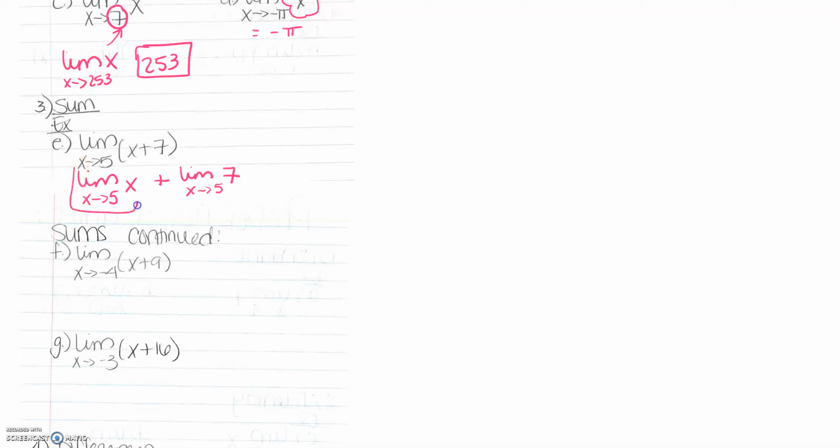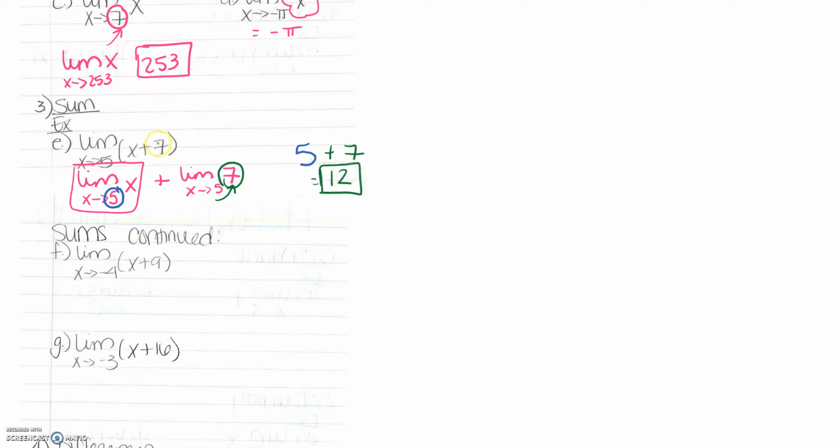This is the identity function. The limit of the identity is the limit, so I'm going to take the number 5 and put it over here. Plus, I want the limit of a constant, so it has to be the constant. And then 5 plus 7 equals 12.